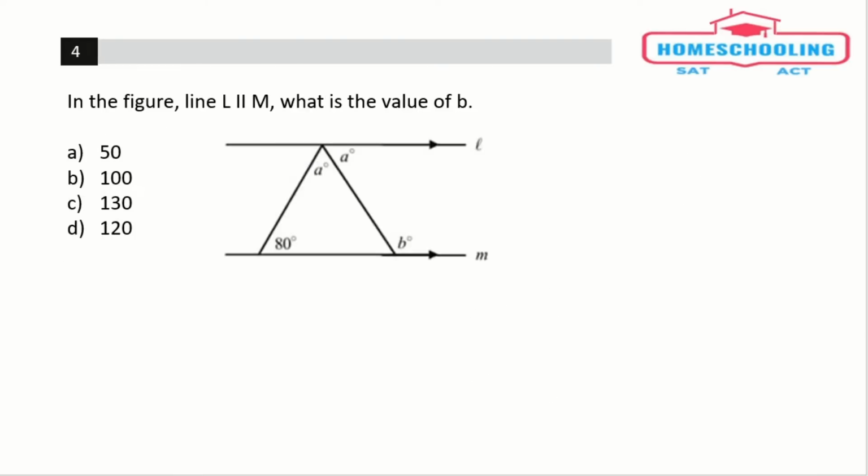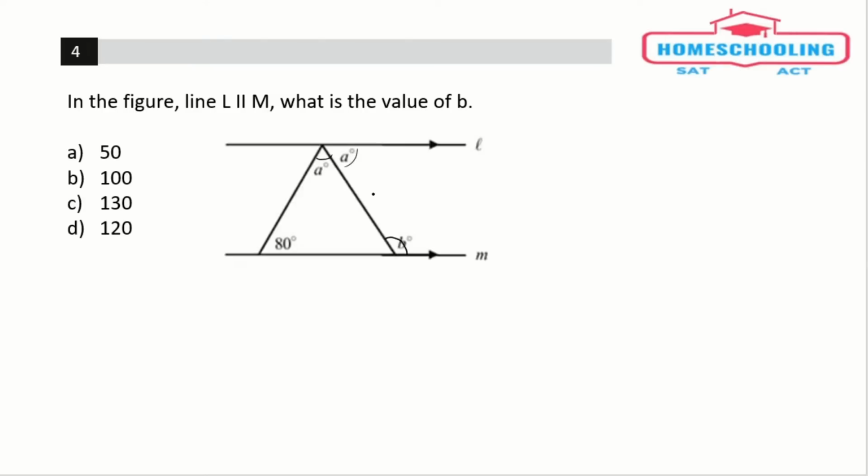Now moving to the next question. In the figure, line L is parallel to M. These two lines are parallel to each other. What is the value of B? So we have to find the value of this angle, and we have these two more angles.